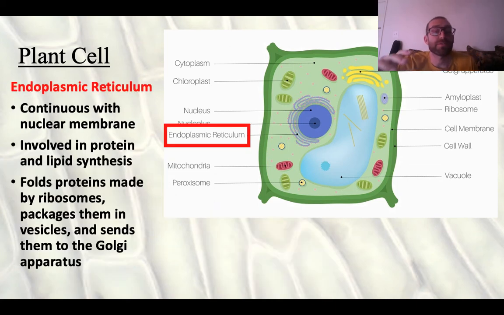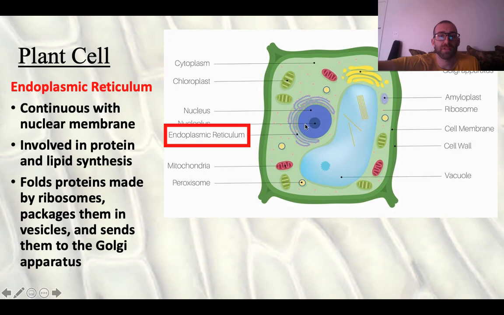Now, after our protein is made, there are a couple of things that happen. The endoplasmic reticulum is continuous with our nuclear membrane, so it's continuous with our nucleus. It may have ribosomes embedded in it, or it may not. After our proteins are made, they get folded up and packaged by the endoplasmic reticulum, and then they are sent to the Golgi apparatus.